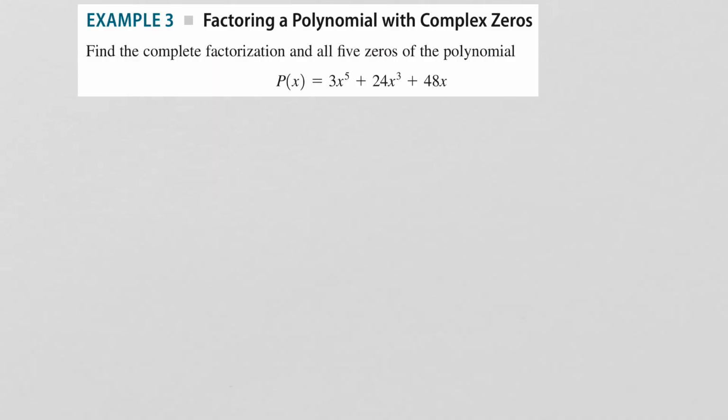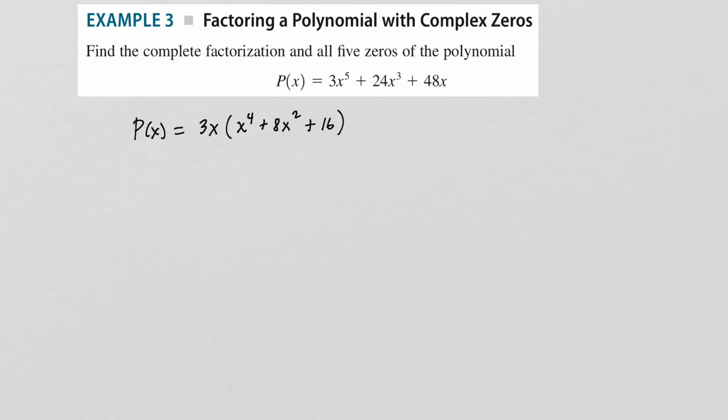In the next example, we want to find the complete factorization and all 5 zeros of the polynomial. And we know this polynomial has 5 zeros because it is a 5th degree polynomial. So first we can start by simply factoring out the greatest common factor, which is 3x. If we factor out 3x, we have x to the 4th power plus 8x squared plus 16.